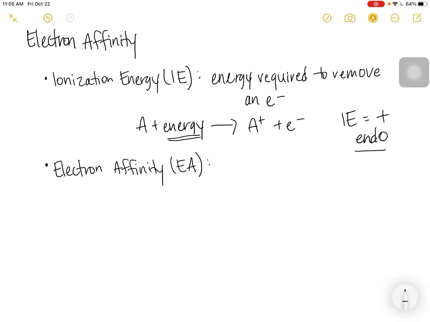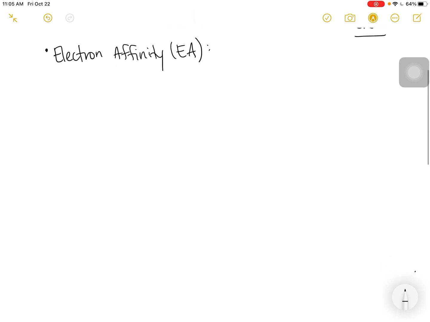And of course, we've talked about whether ionization energy is big or small, depends on distance from the nucleus and Zeff. But today, this is a different discussion. So the second part of this discussion is on something called electron affinity, which is defined as this.